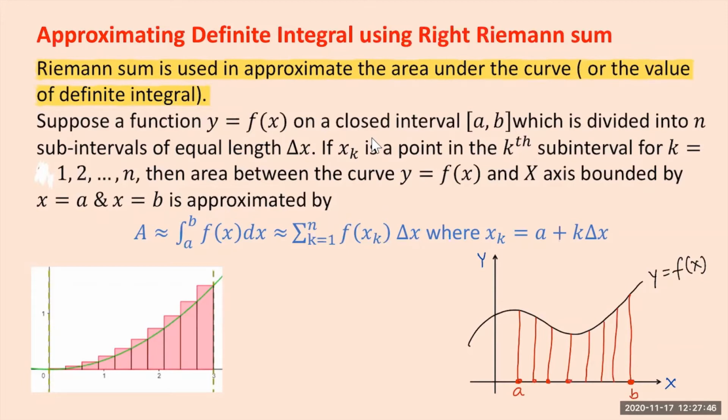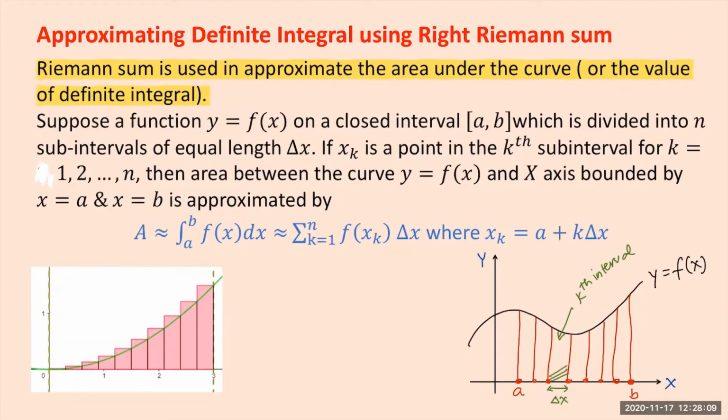So we have these intervals, and remember that the width of the interval must be equal. If we are taking a kth interval, the width of the interval is delta x, and it will be the same for all of them.